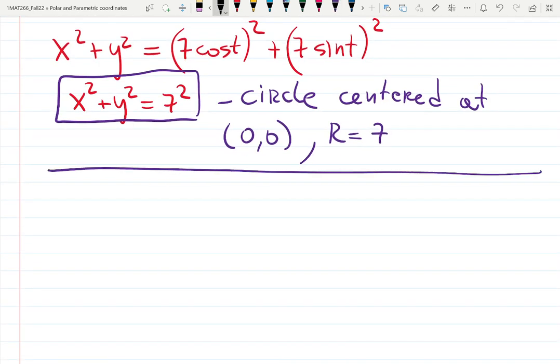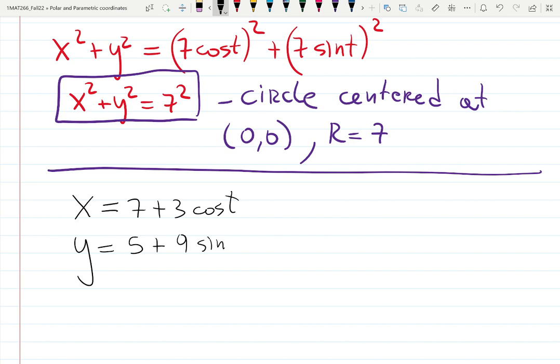What if x equals 7 plus 3 cosine t, and y is 5 plus 9 sine t? How about this? And say t is again completing the full circle.